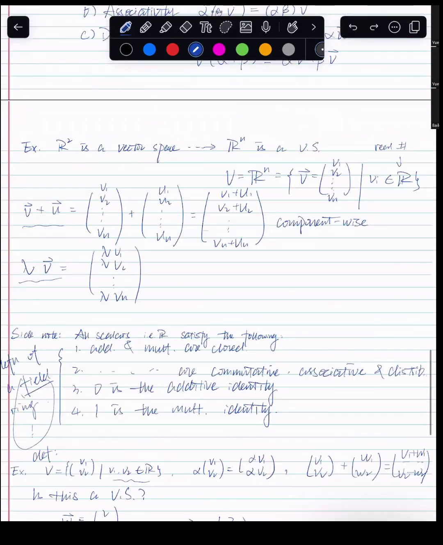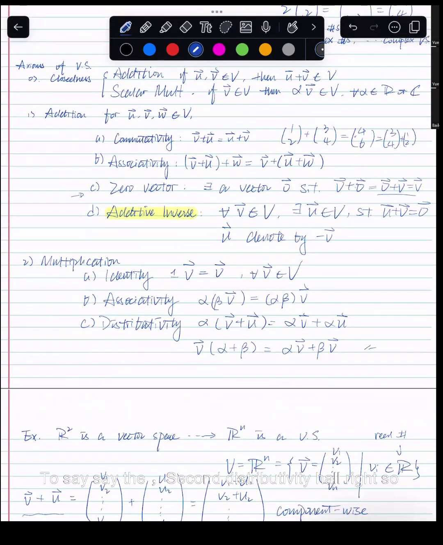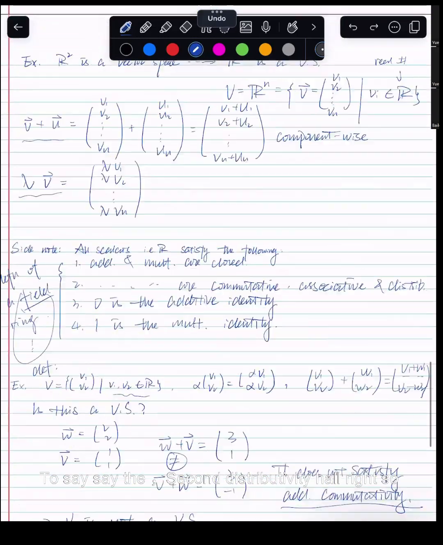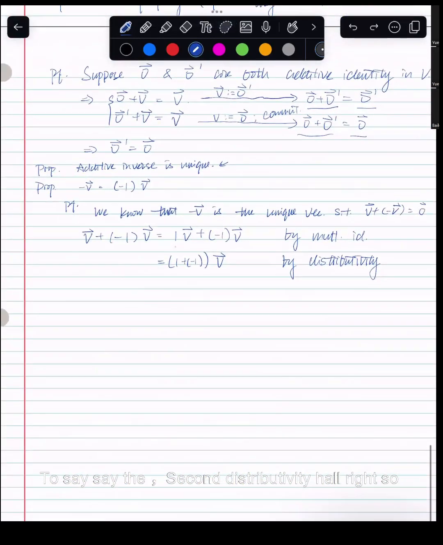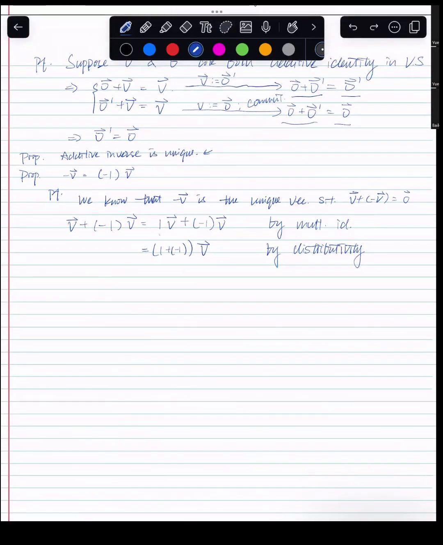Wait, I mean to say the second distributivity here. And then we know that 1 plus -1, we can just do it in the field R. So that's 0 multiplied by v. And we know that 0 multiplied by v is 0.